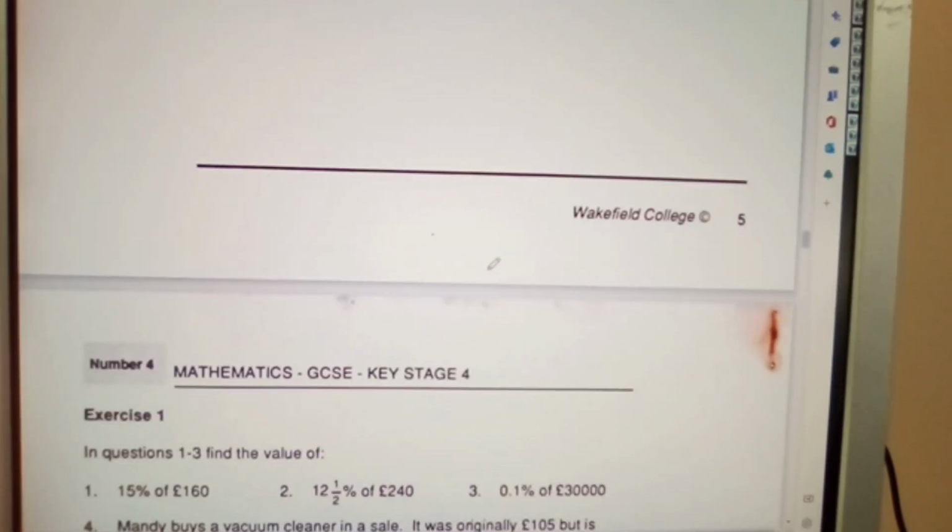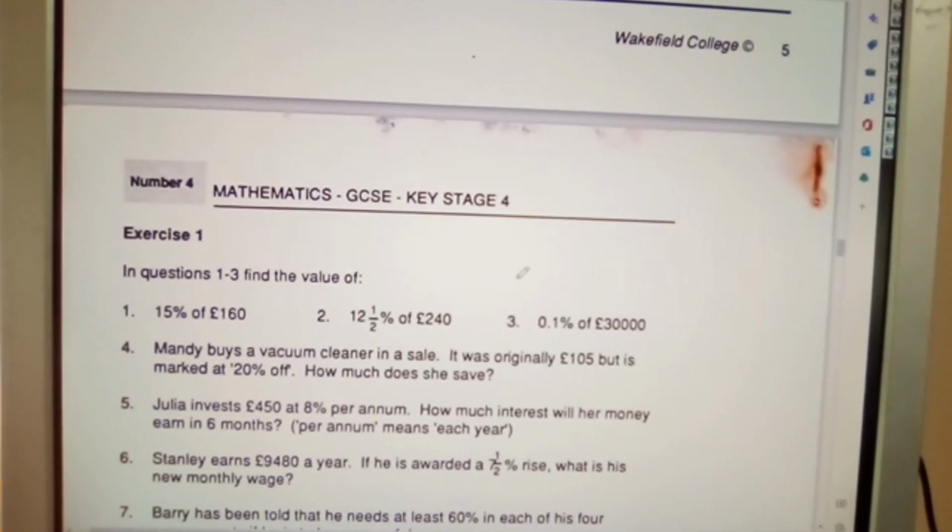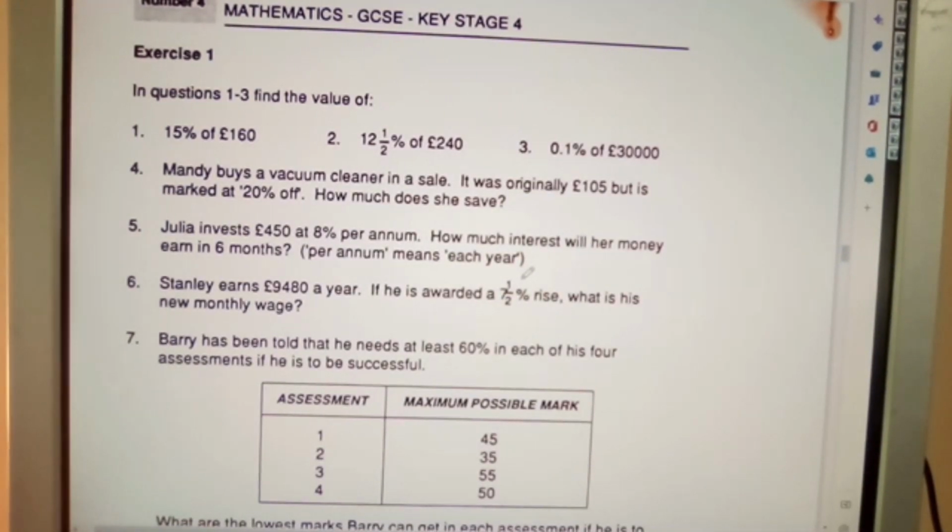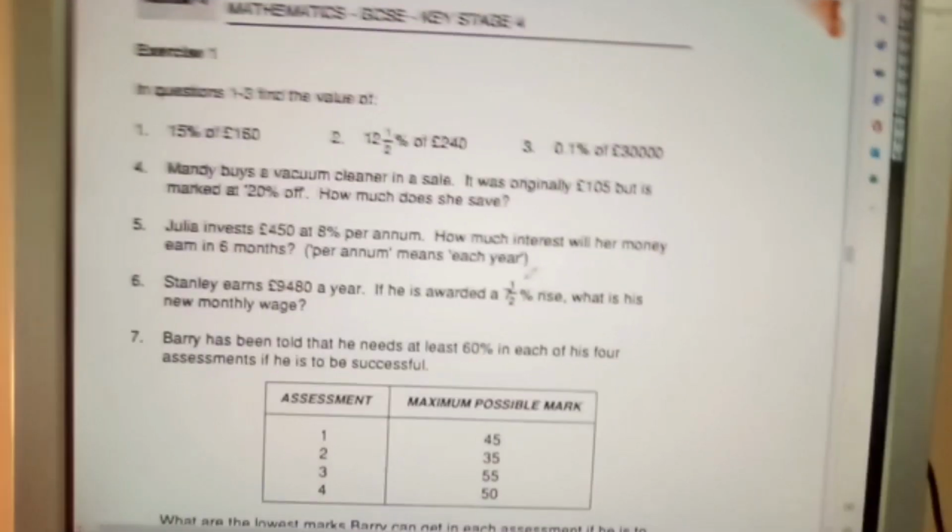Let's have a look now. What is 15% of 160?